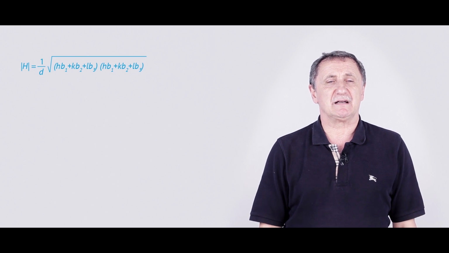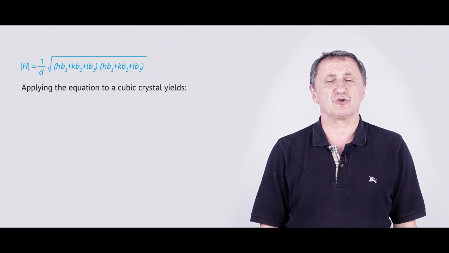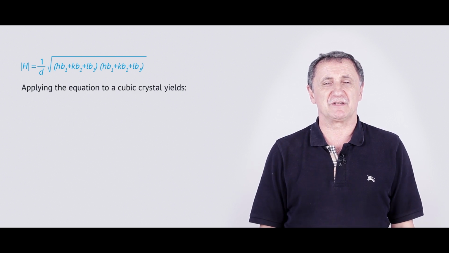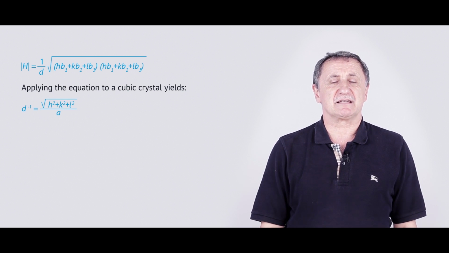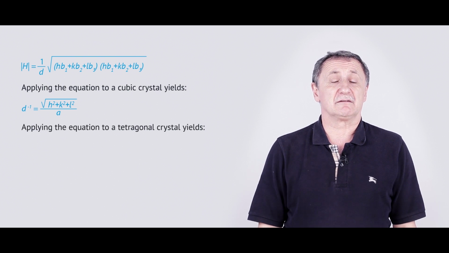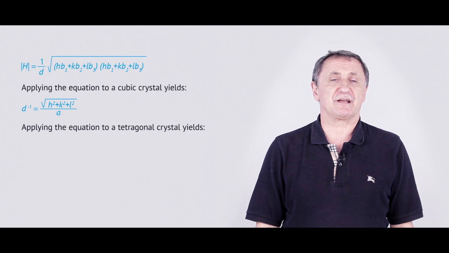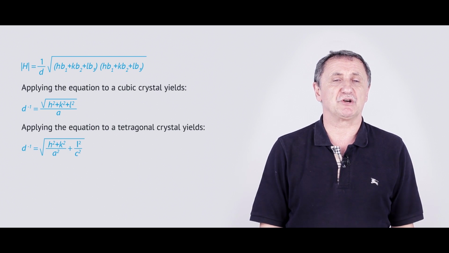And knowing d, then by very easily derived formulas which are presented on this screen, you can find, let's say, the geometrical parameters of your crystal structure. For example, for cubic structure, you will find the length of the edge of the cube.